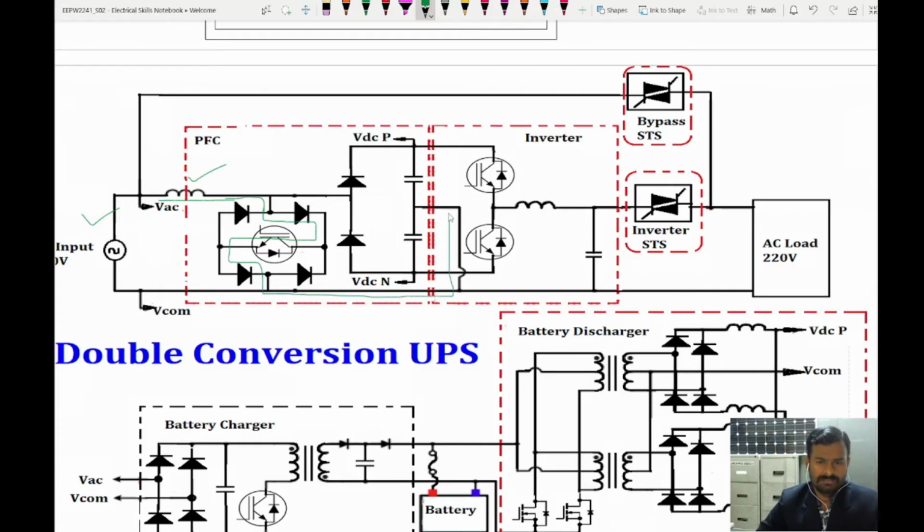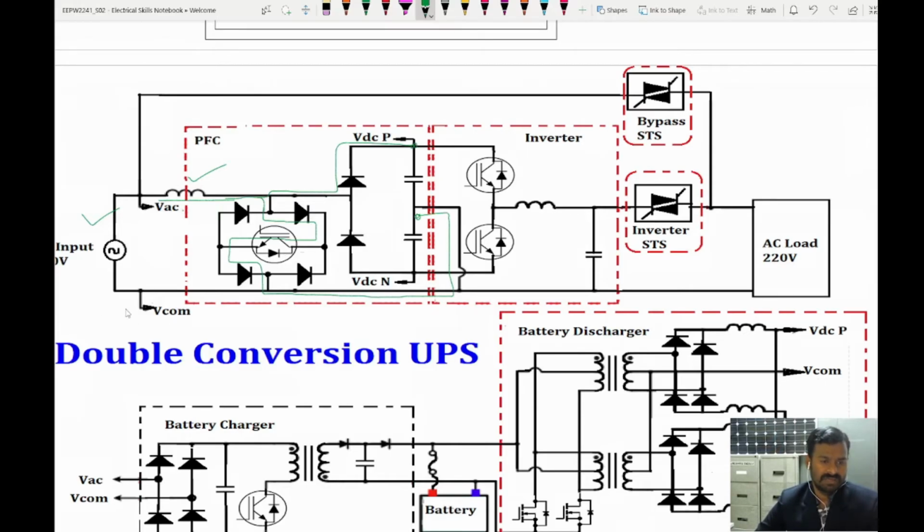It goes to this point, and at the same time it also allows the current flow in this path. So across this capacitor we are going to apply this potential voltage in the positive cycle.